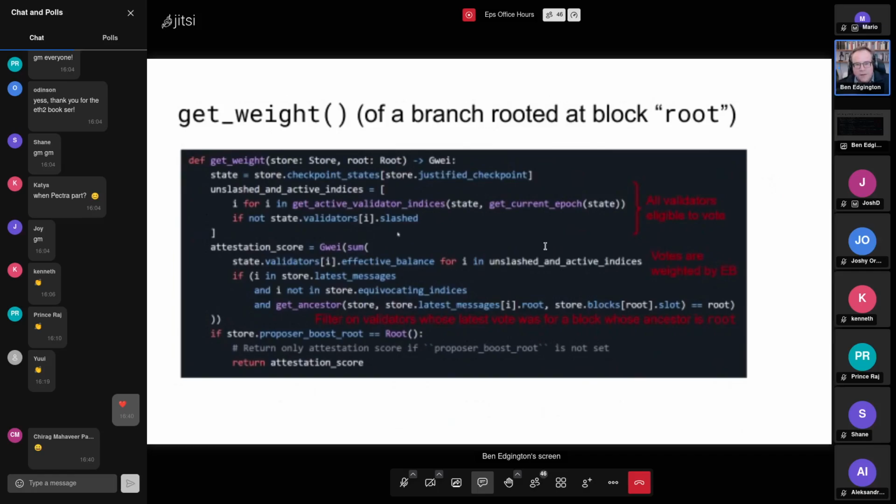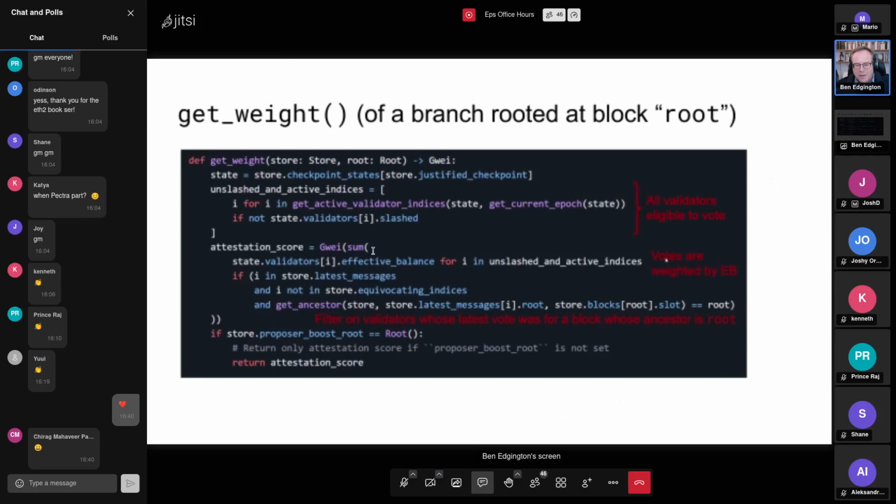Well, we look for all validators that were eligible to vote for it, and we add up all validators that are eligible to vote at this particular time, and we add up their effective balance.